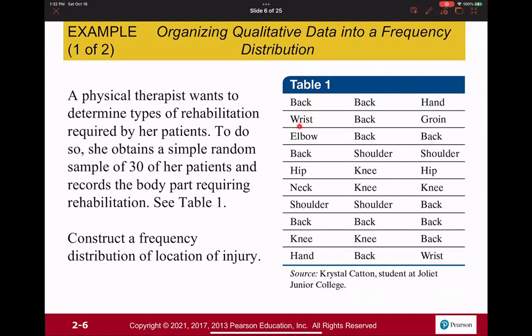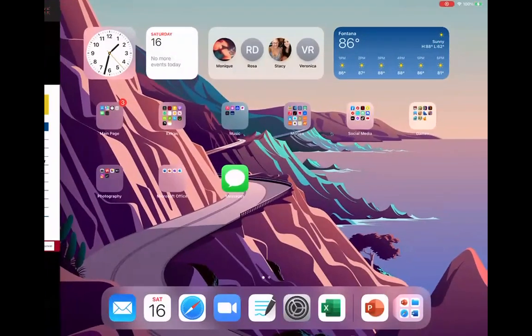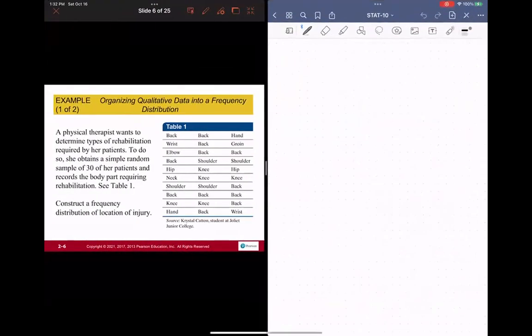So I see back, wrist, elbow, back. So what we could do is organize it into a nice little table, and let's see how we could do that over here. I'm going to list or write down everything as it happens. The very first thing that I see on this list is back. So we could have a category for back.